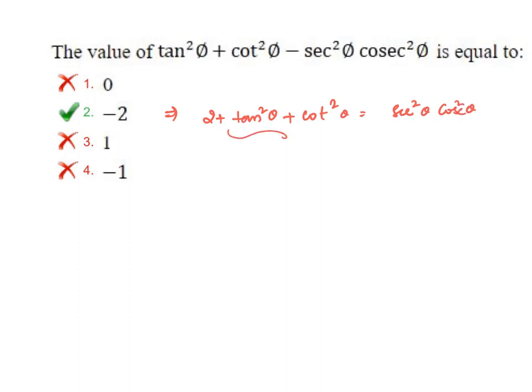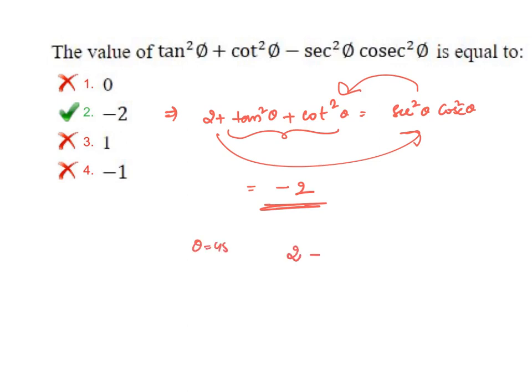Therefore, tan square theta plus cot square theta minus secant square theta cosecant square theta is equal to minus 2. So 2 you take that side, and secant square theta cosecant square theta you take this side, or else you can even substitute theta is equal to 45. If I substitute 45, 1 plus 1, 2 minus 2 into 2 is 4, therefore 2 minus 4 is minus 2.